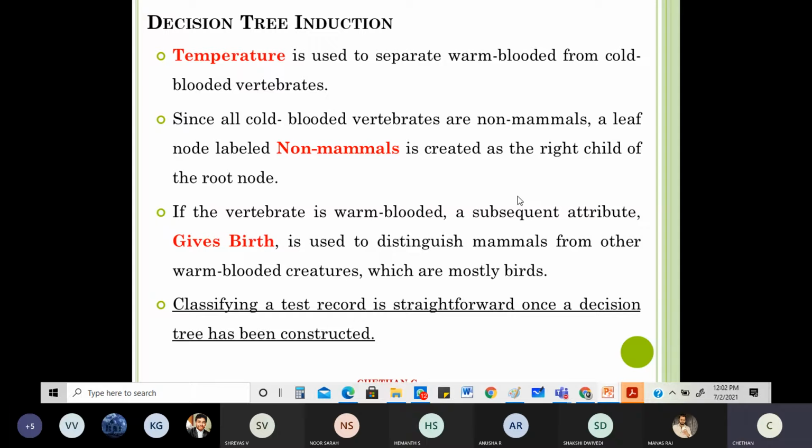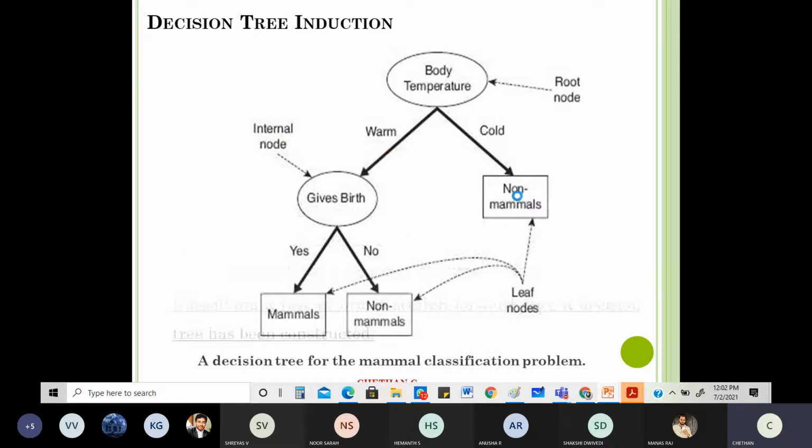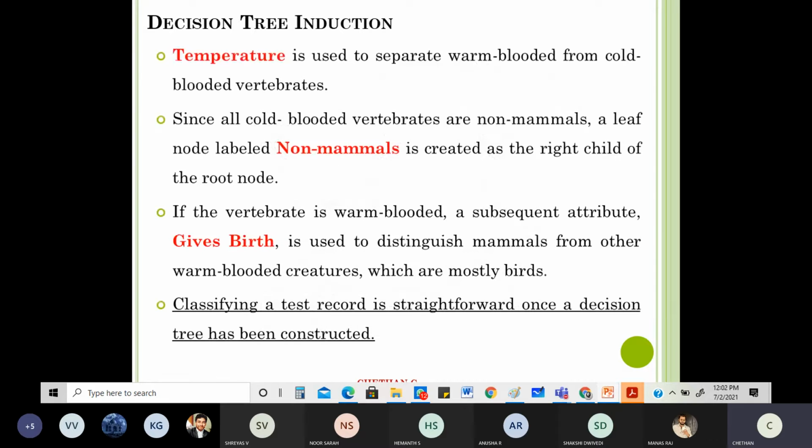Based on that, classifying a test record is straightforward once a decision tree has been constructed. Once you know how the decision tree is constructed, right at the end you can clearly say whether the particular decision can be made easily or not. That's the most simplistic way of looking into decision trees.